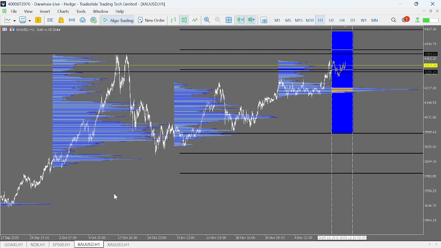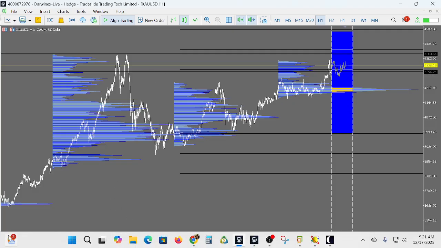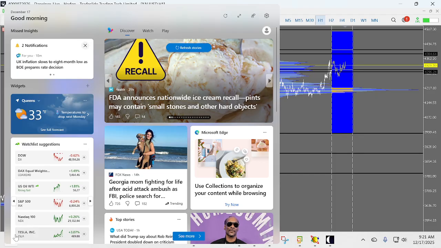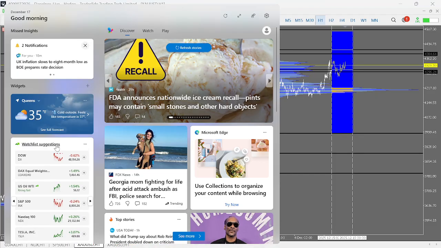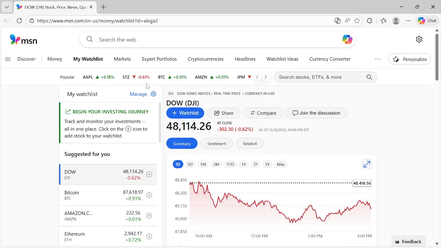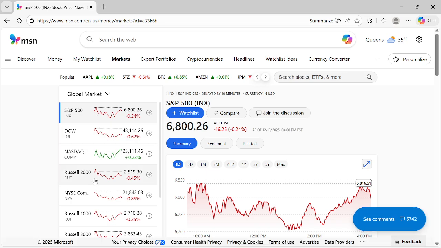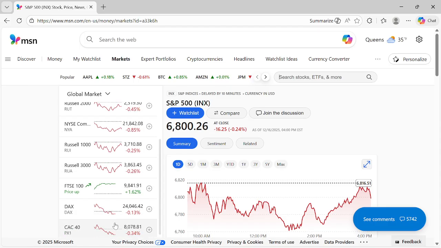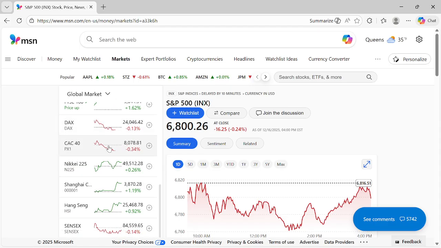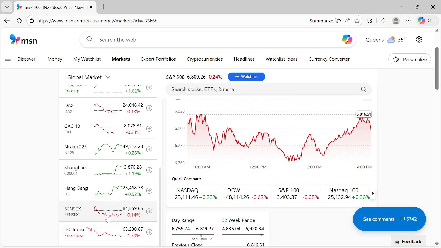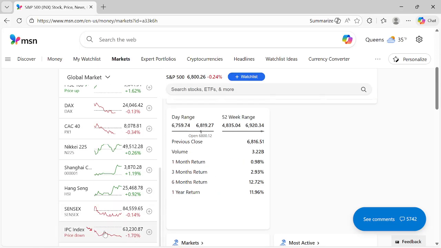Now, is that true? Let's check it out. Let's go here, and let's go here, and let's go markets. Down, S&P 500 down, Dow Jones down, Nasdaq going up, Russell 2000 down, down, down, down, down, down, down, down, down.